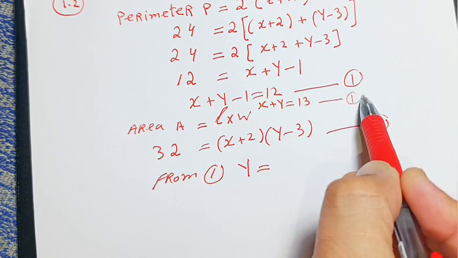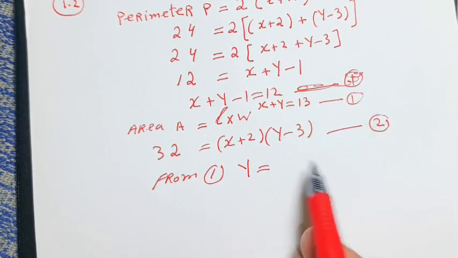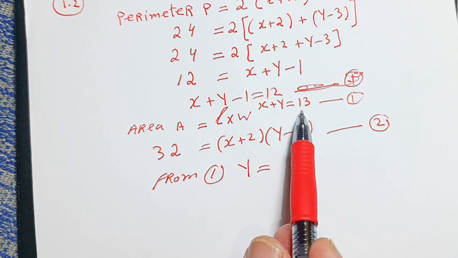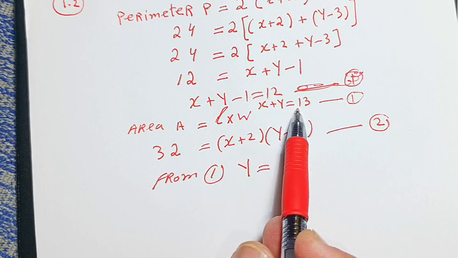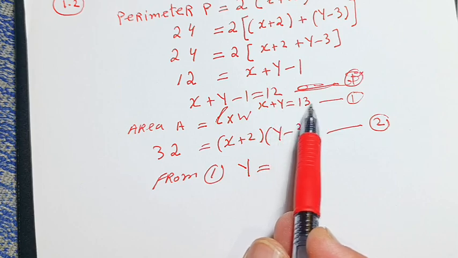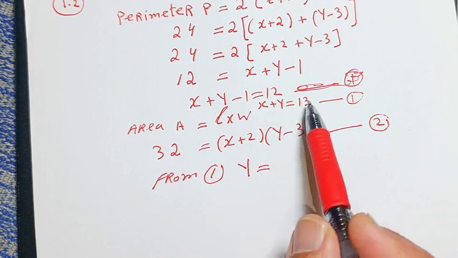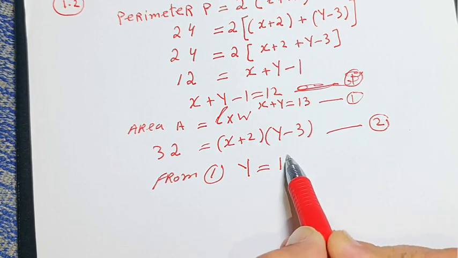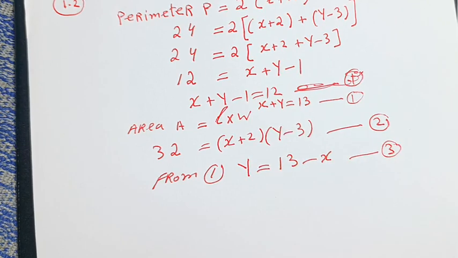So this is my number 1, because the negative 1 I pull over becomes positive. So 12 plus 1 is 13, so x plus y is equal to 13. I'm going to isolate the y here: y equals 13 minus x, so this becomes my number 3.